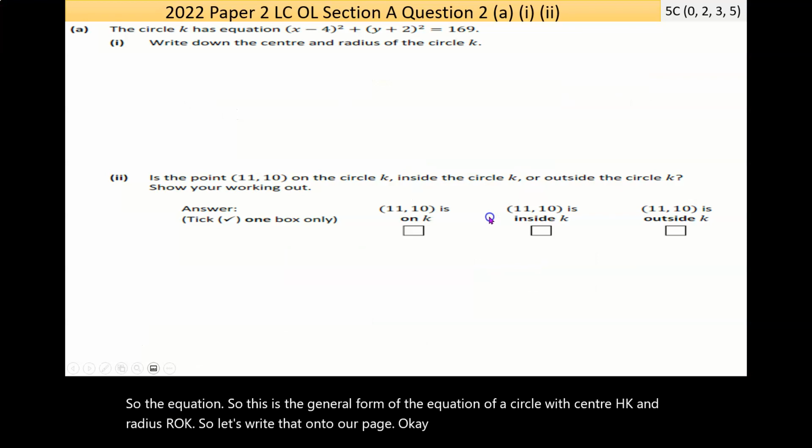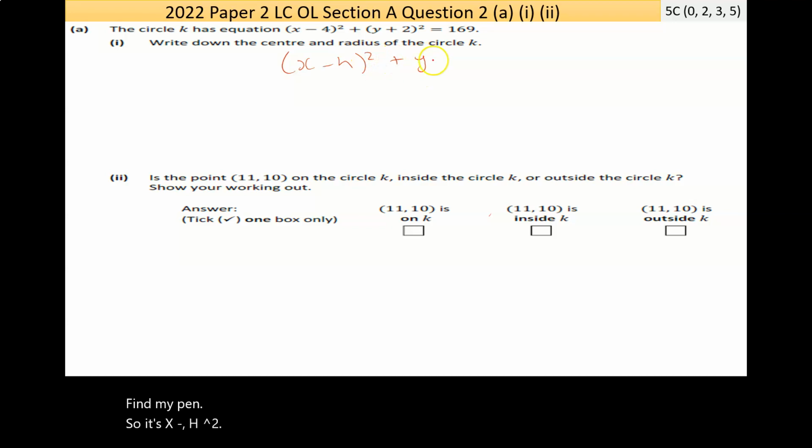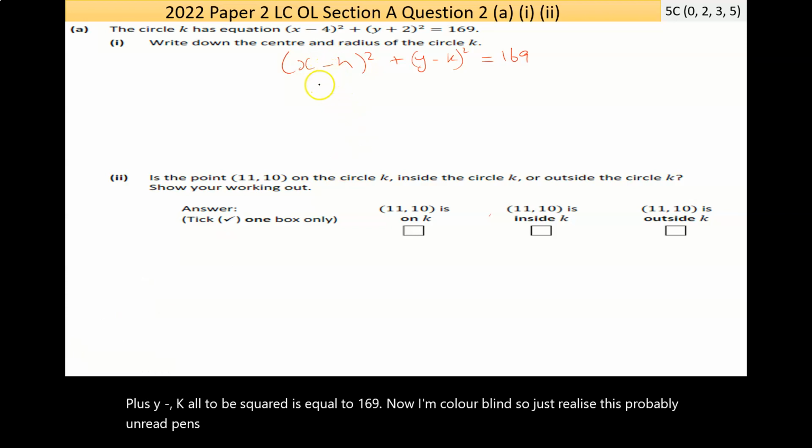So it's (x minus h) squared plus (y minus k) all squared is equal to 169. Now I'm colorblind, so I just realized that's probably on red pen. It's a bit too teachery for my liking.